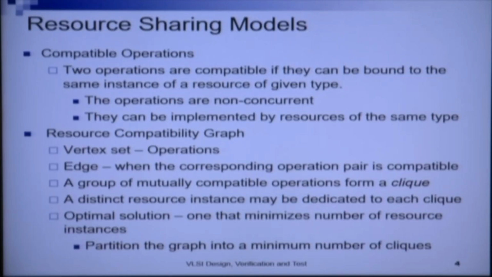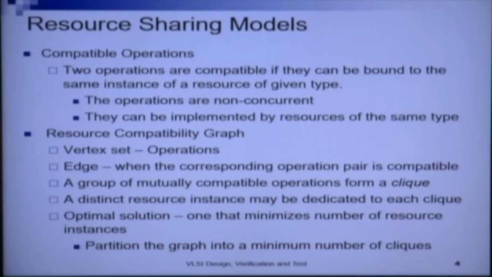An optimal solution to the resource sharing problem is what? One that maximizes resource sharing. So, the optimal solution will be one that minimizes the number of resource instances. So, how do we minimize the number of resource instances? For each clique I must dedicate a single resource instance, and if we can minimize the total number of cliques, I will be able to minimize the total number of resource instances required.